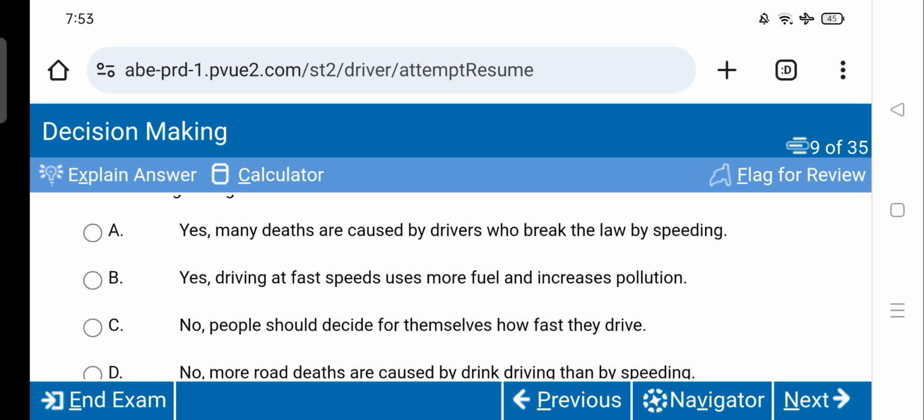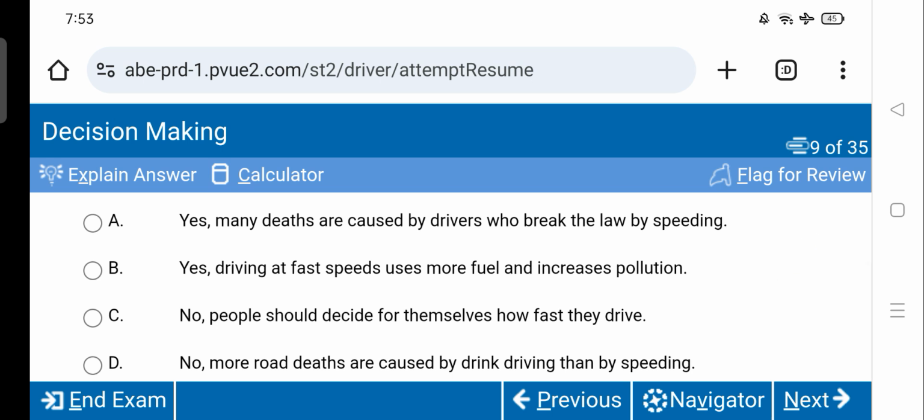Option C, no, people should decide for themselves how fast they drive. Option D, no, more road deaths are caused by drink driving than by speeding.